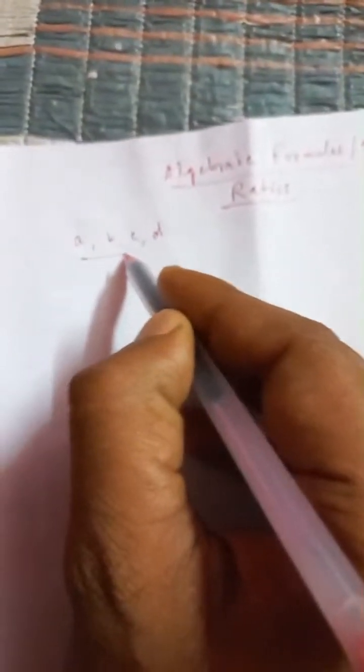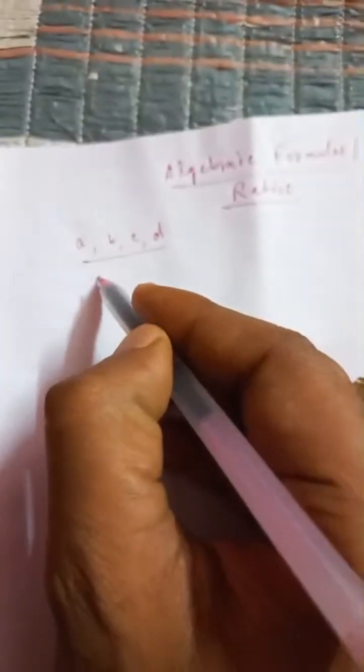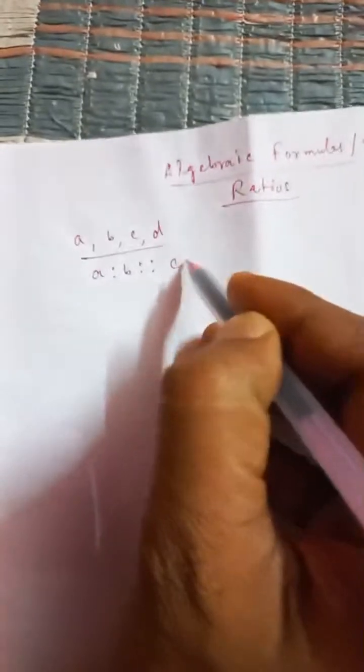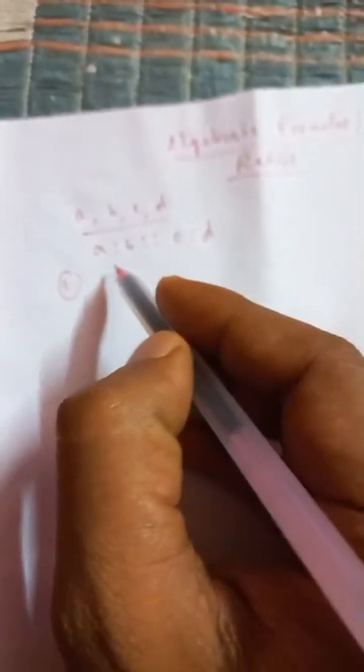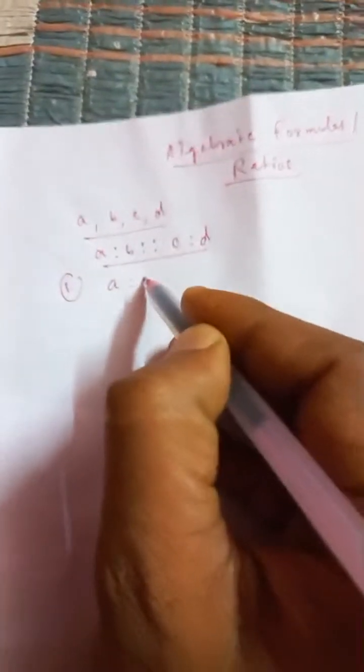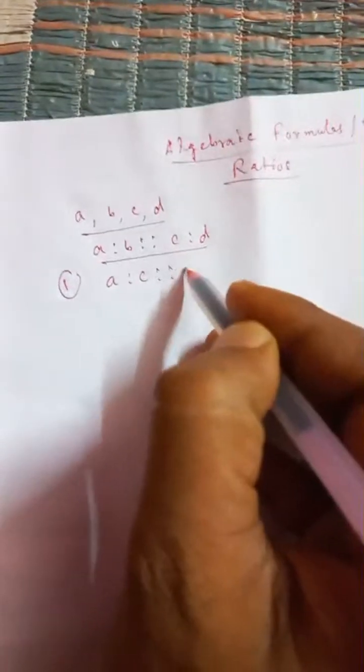They are in this way. We have A is to B, C is to D. So the first property is that we can put that A is to C is equal to B is to D.